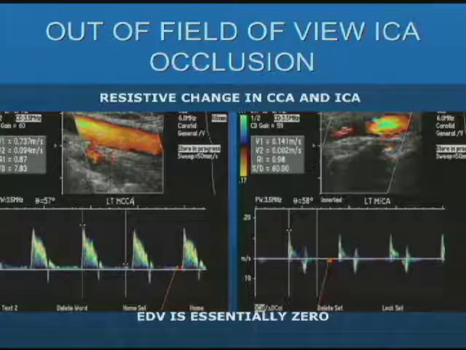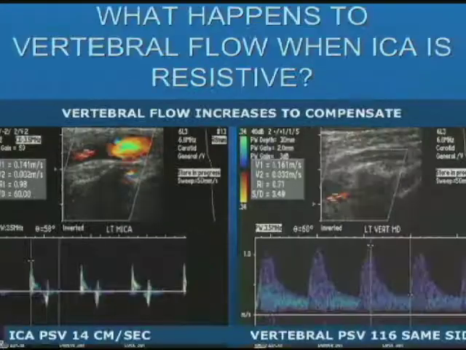It's not occlusion at the mid-internal carotid artery. There has to be a more distal occlusion, and it might be in the cavernous sinus, or it could be distal end artery disease in the head that is producing this particular waveform. Highly resistive in both the common and in the internal.